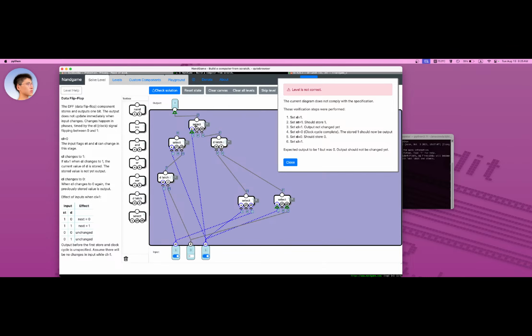Then we ask from D0 and it is 0, so we just emit nothing, just 0.